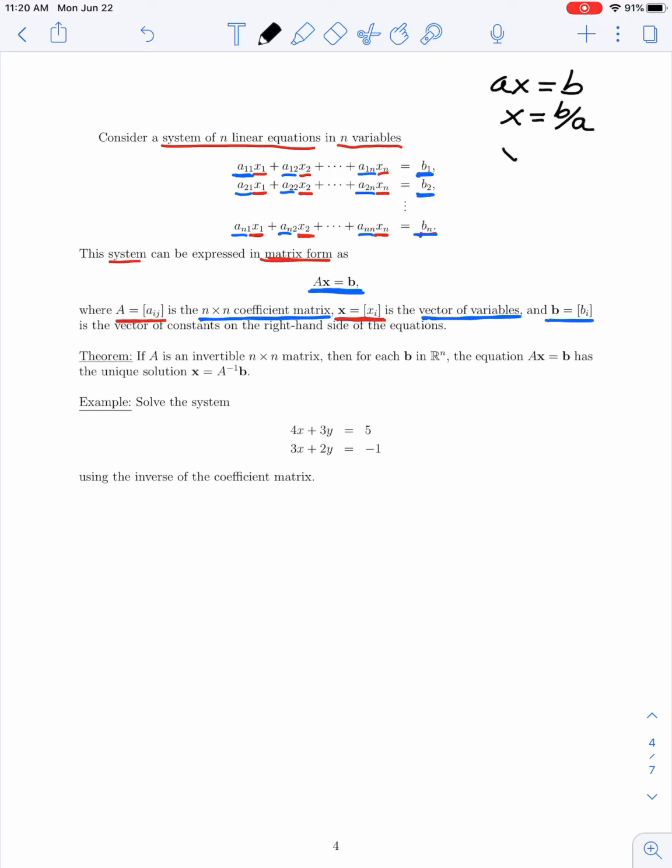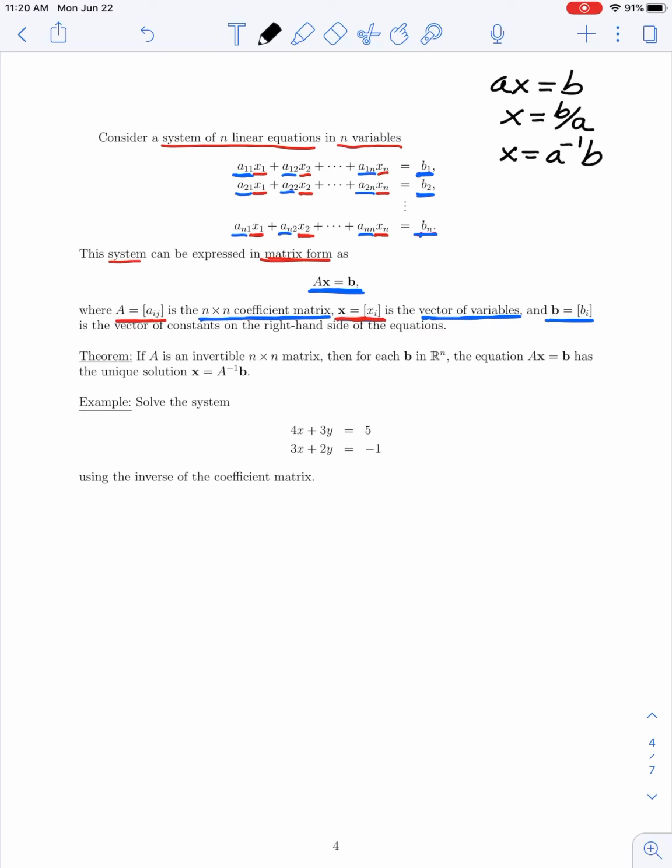Or equivalently, we could think about multiplying both sides by a inverse. A inverse times b would be our solution for x, as long as a had an inverse, that is, as long as a was some non-zero number.